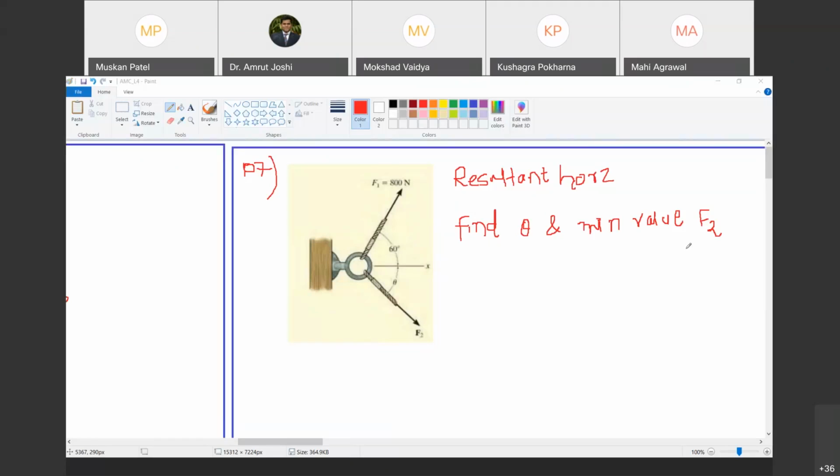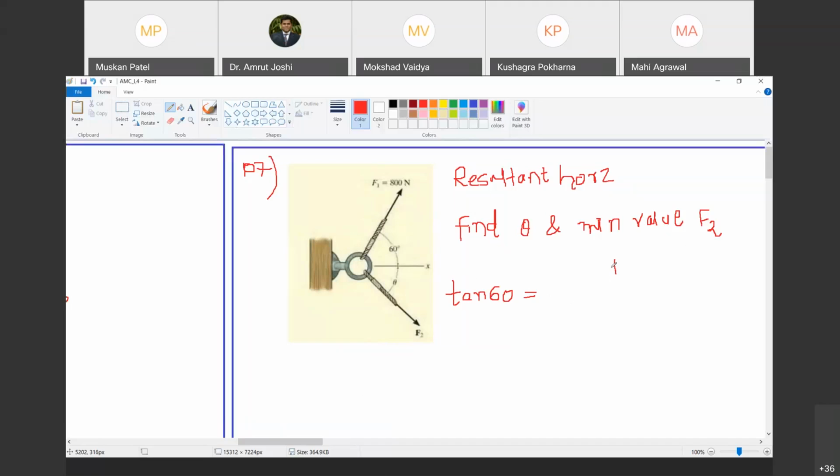Yes, sir. ओके. सो पहले तो लेट अस राइट डाउन द इक्वेशंस. कौन कौन से इक्वेशंस है? First equation is tan 60. You agree with me? Tan 60 is equal to what should I write?